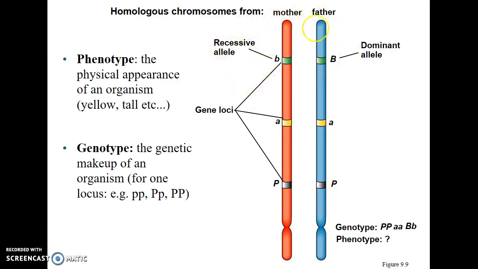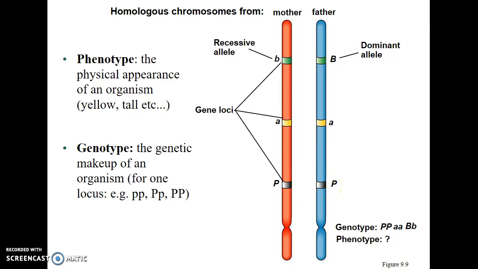So this would be a set of homologous chromosomes, one from a mother and one from a father, and you can see here that we have 3 different loci for these chromosomes. So locus number 1, we have a recessive allele, little b, received from the mother. From the father, we have a dominant allele, big B. For the second gene locus, we have little a from the mother and little a from the father. And for the third locus, we have big P, or a dominant allele from the mother, and the same from the father.